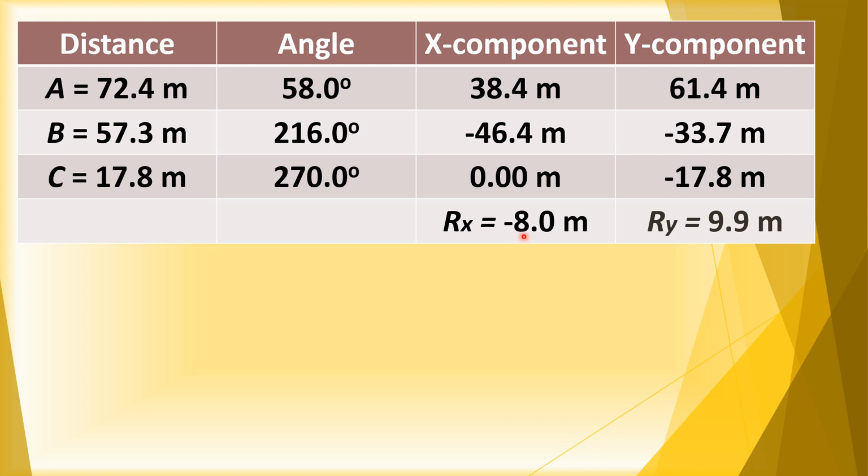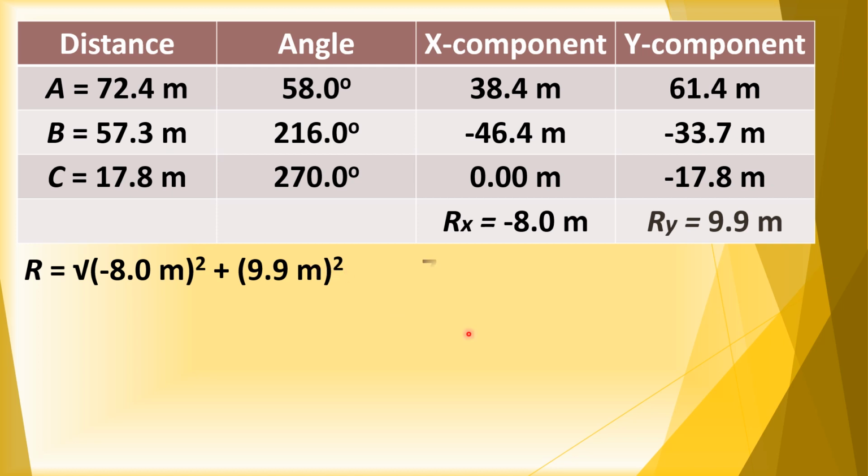Since these two components make an angle of 90 degrees with each other, to get their sum, of course, we use the Pythagorean formula. And that sum is equal to big R. That is equal to the square root of the square of Rx, which is negative 8.0 meters, squared, plus the square of Ry, which is 9.9 meters.